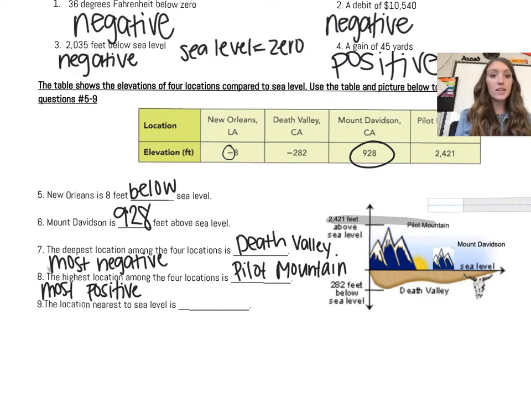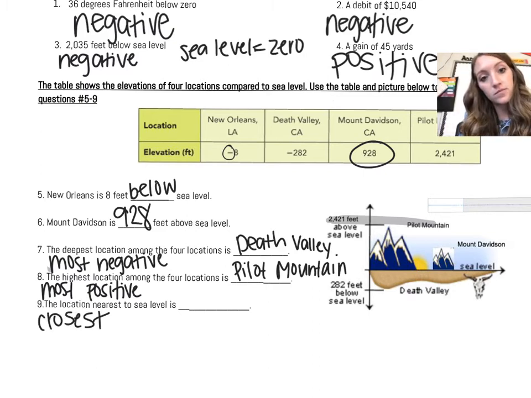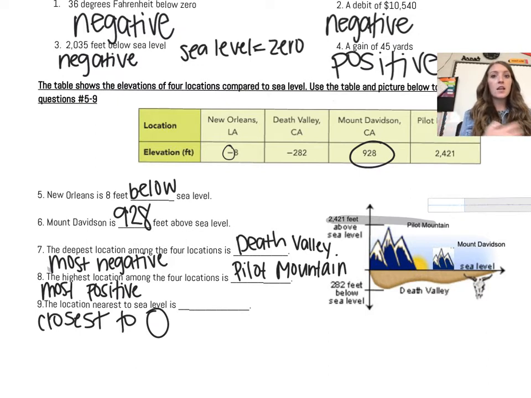Okay? Our last question, the location nearest sea level. The location that's nearest sea level would also be thought of as the location that's closest to 0. So the number that is closest to 0, I have -8, -282, +928, and 2,421.